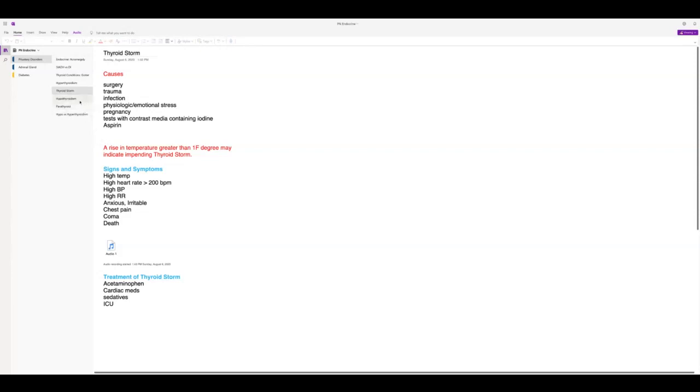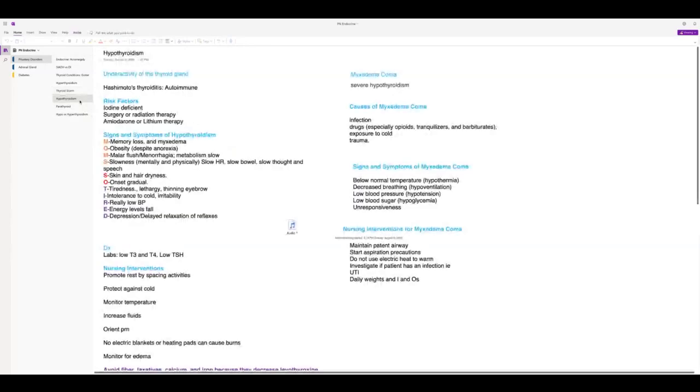All right, now hypothyroidism is going to be the opposite of hyperthyroidism. So this is underactivity of the thyroid gland, and the autoimmune type is called Hashimoto's. Risk factors include low iron, low iodine diet. That's why we started putting iodine in salt to try to prevent this.